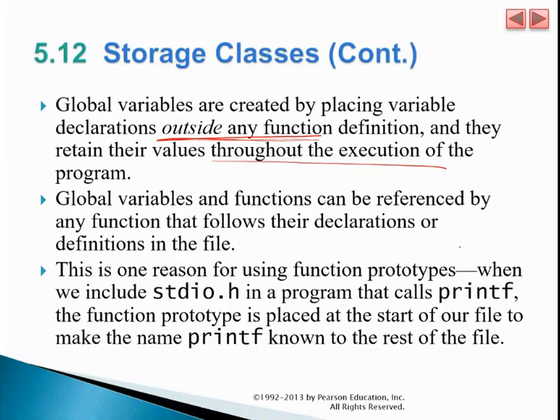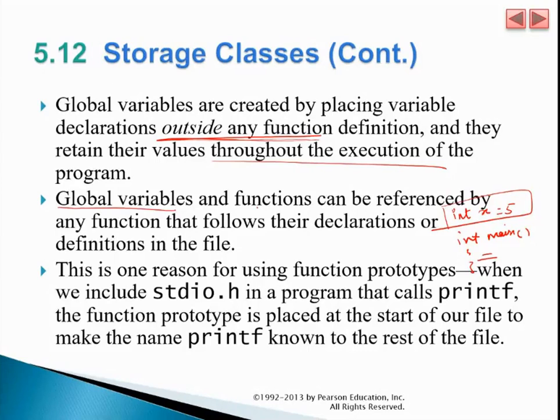Suppose you are starting your main function here; you can just write x equal to 5 before the main function, outside any function. Then this becomes a global variable, and it can be accessed throughout the program. It stays in the memory throughout the program. Scope we will talk about.